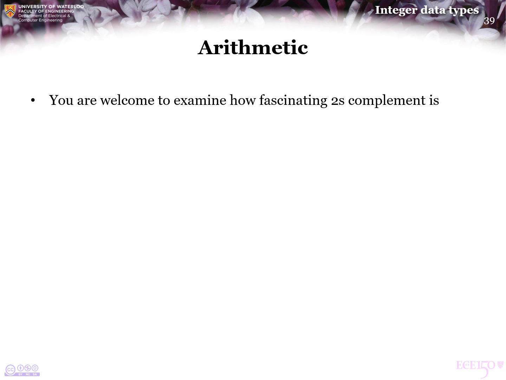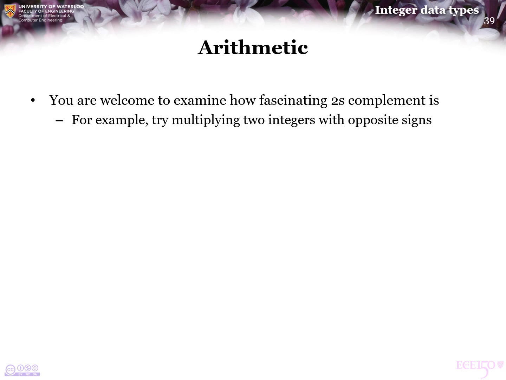Now, you're welcome to carry on and examine how fascinating and appropriate the 2's complement representation actually is. It's actually very satisfying. For example, try multiplying two integers that have opposite signs, like 2 times negative 3, where of course negative 3 is stored in its 2's complement representation.